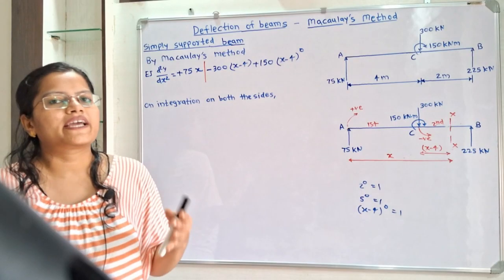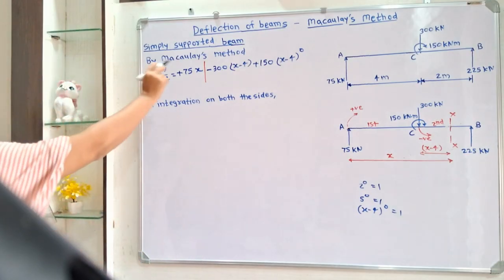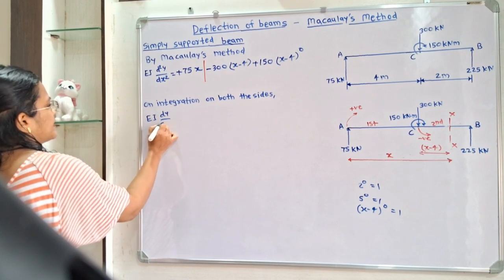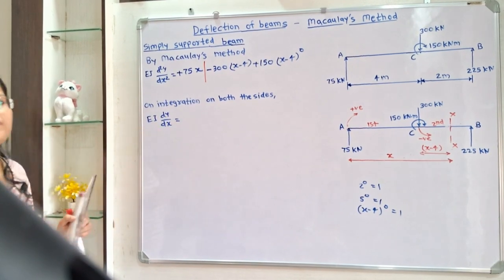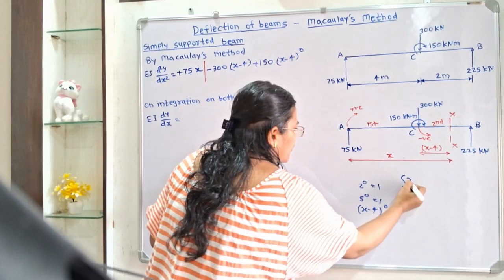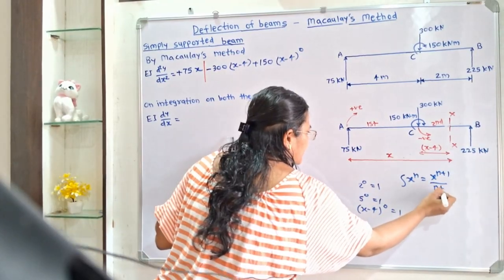We have to take the integration on both the sides. So EI dy by dx is equal to, now we will apply the formula: integration of x raised to n is equal to x raised to n plus 1 by n plus 1.